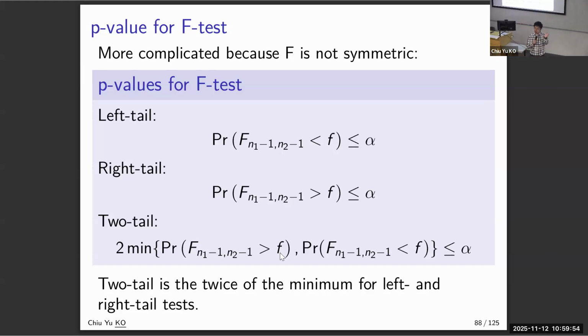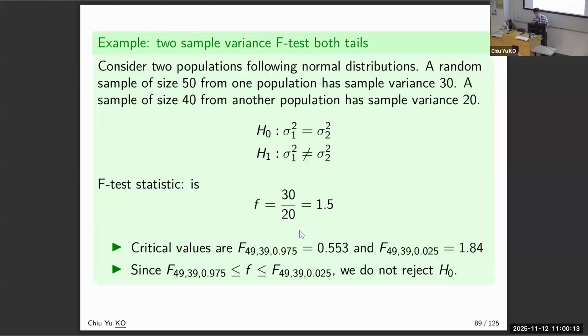Wherever it is, because on the left-hand side you go to the left, and on the right-hand side you go to the right. In general, you take the minimum of the left and right areas and multiply by 2. So this is the reason for the formula here. Let us go to this example, and then you will see how we operate that.